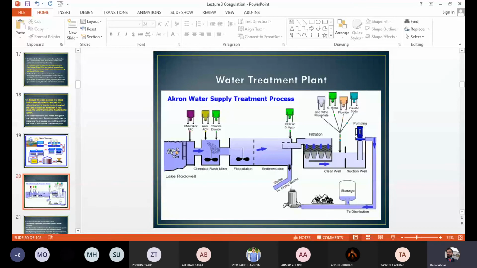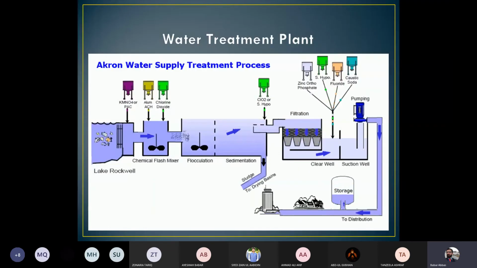This is another view of this, basically the animated view of the treatment plant, and all these parameters. I don't know if I convert it to the full screen, it will be visible to you or not.